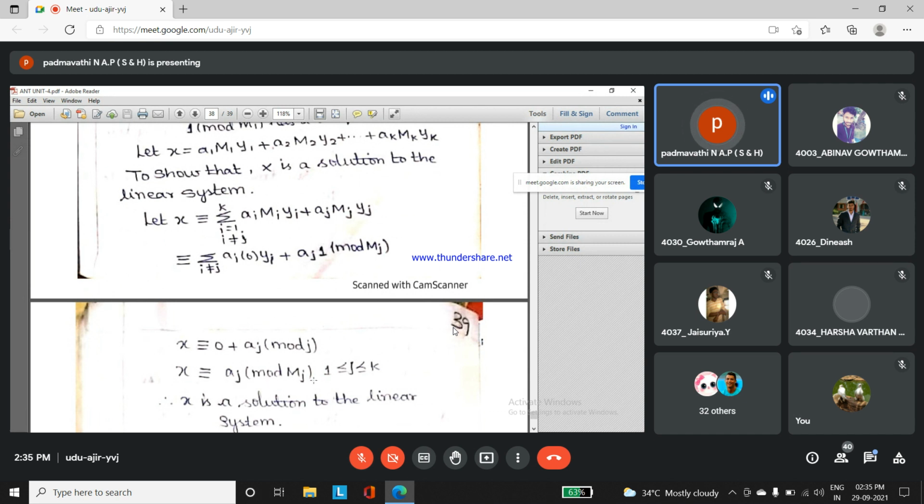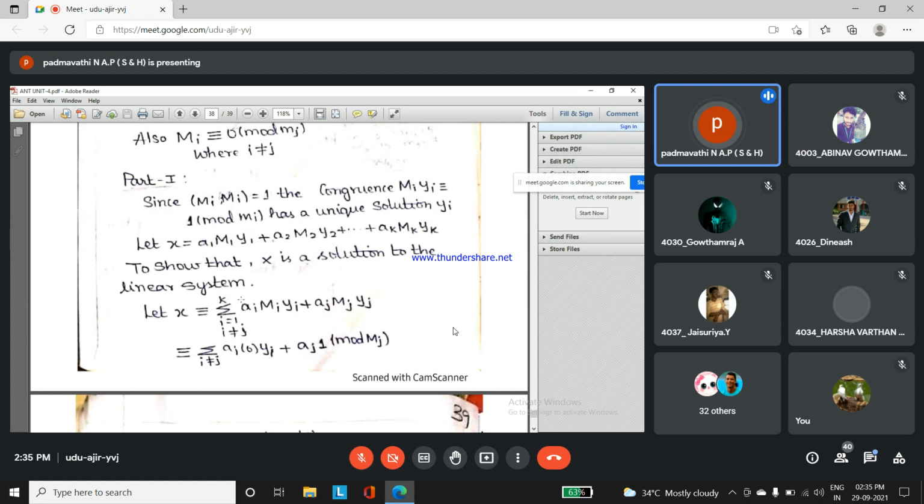Okay, it is the part 1 la enna pandrom appadina, unique solutions வந்து இந்த மாதிரி எடுத்துட்டு, then like x is considered of the constant mod m1 into y1 plus up to the ak Mk yk எடுத்துக்கோங்க. Then how to prove x is a solution to the linear system?